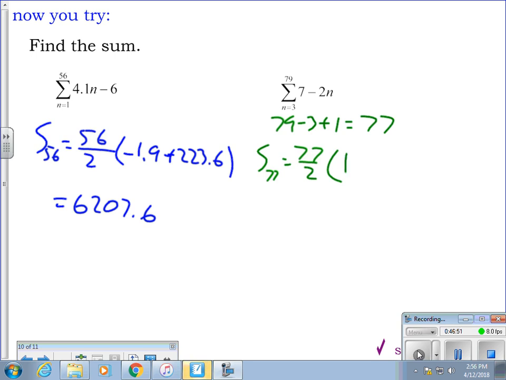And then 7 minus 2 times 79, negative 151. So just 1 times 77 divided by 2, and I get negative 5775.